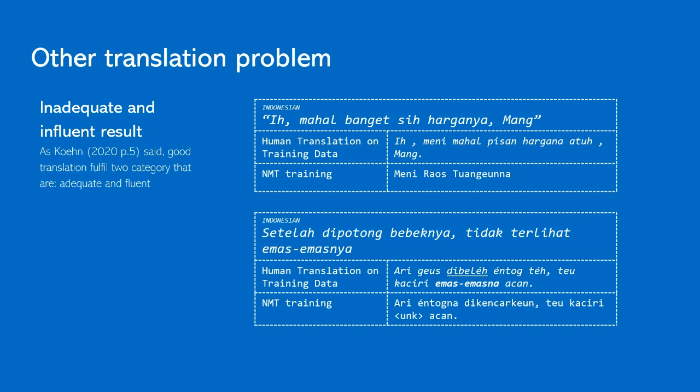That means the word masna has no equivalent diction in our NMT vocabulary. Different from the first one, our NMT did translate most words correctly, except the word dibleh, this one, which means be cut. Meanwhile, the result shows dikencarkan, or to be released.